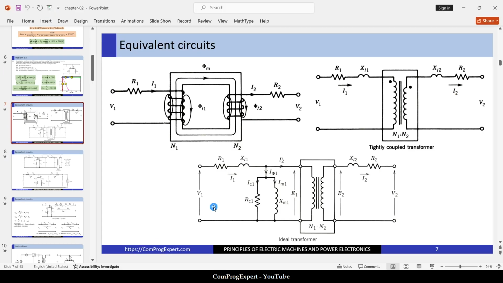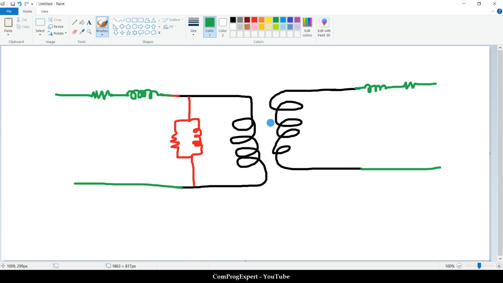But when the frequency is high, we have this turn and this turn, for example, and we have a voltage difference between these two turns. So we have a capacitor here, or we have a capacitor between the primary and secondary windings.